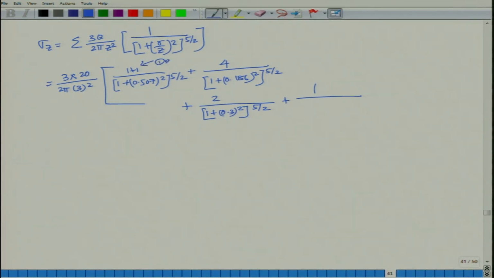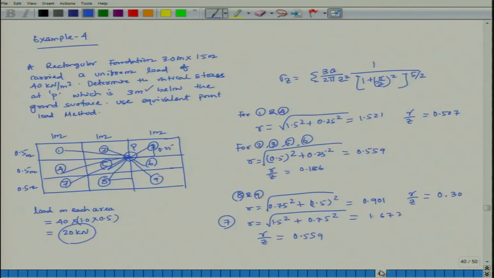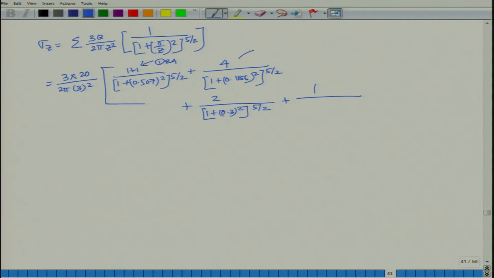This case is 1 and 4, this is 2, 3, 5 and 6, this is 8 and 9, and this is 7.